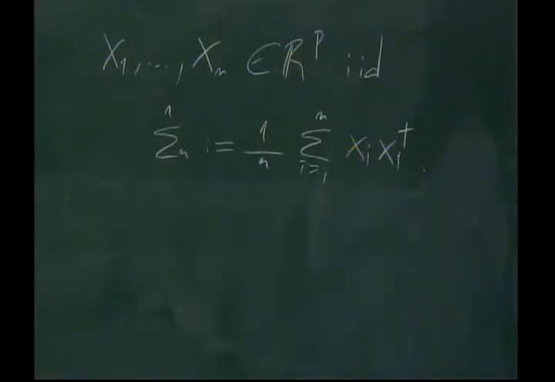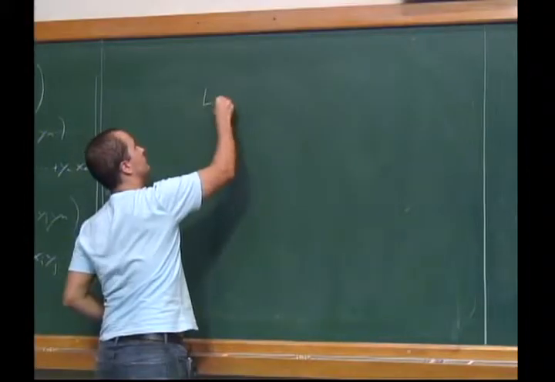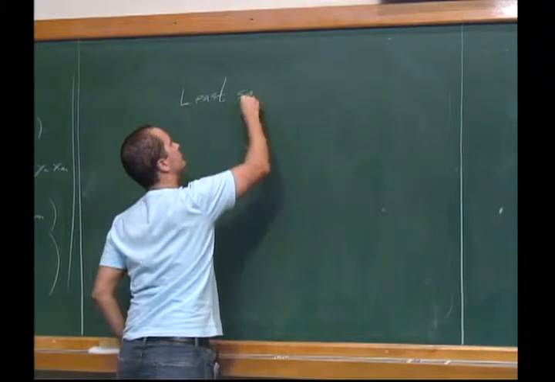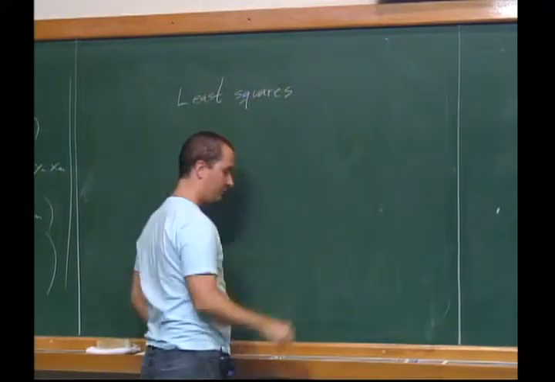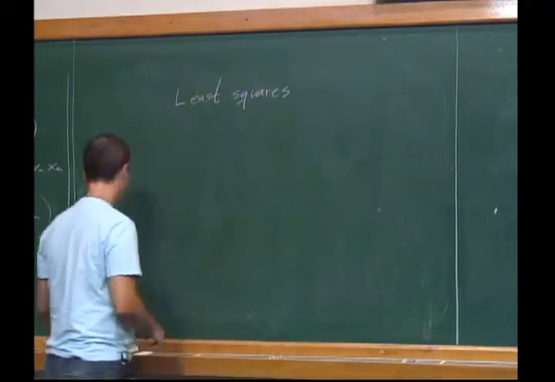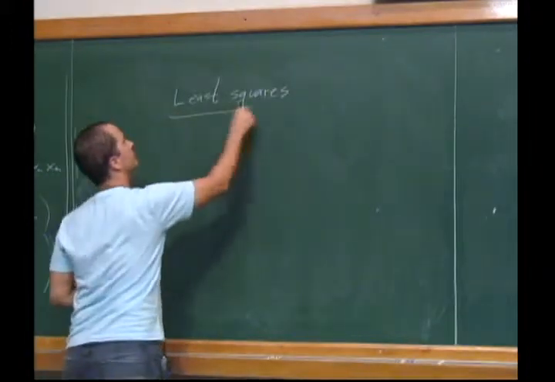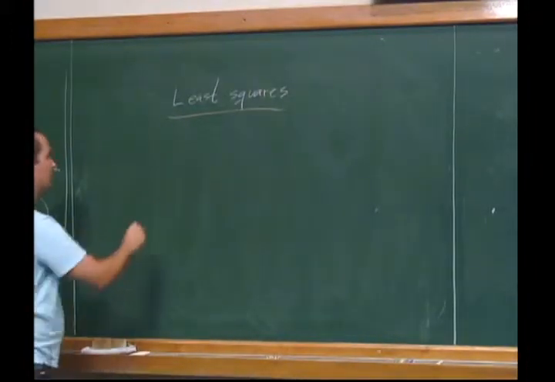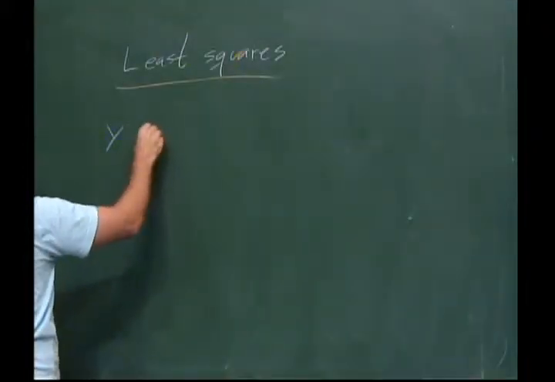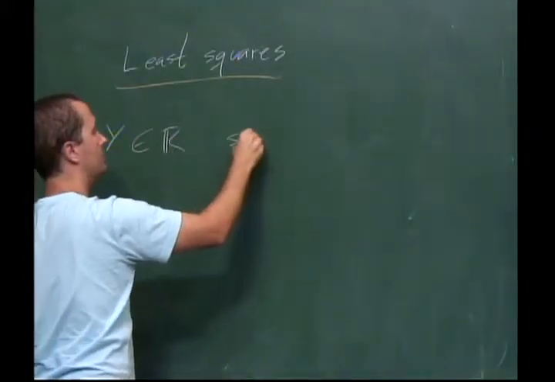Right, so what is least squares? Well, let me first start with a theoretical question, which is this. Suppose we're given a random variable y, which is square integrable.